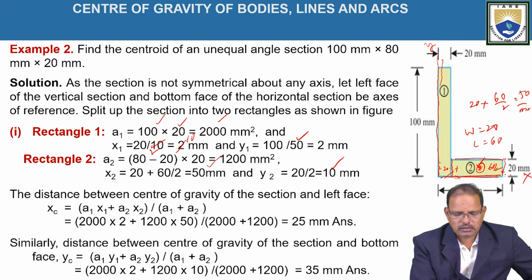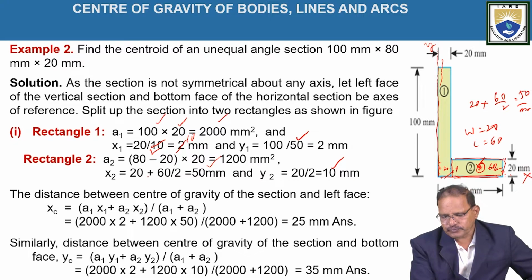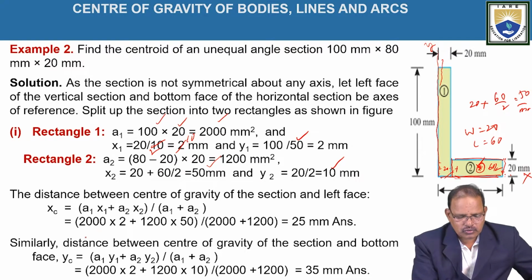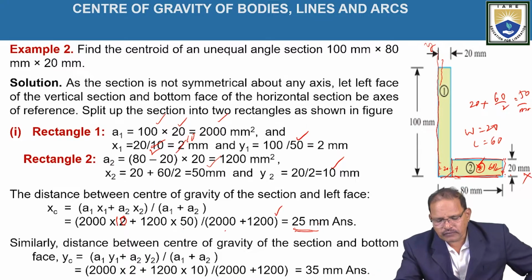According to the figure, it is 2000 into 10 plus 1200 into 50 divided by 2000 plus 1200. On simplification we got 25 mm.